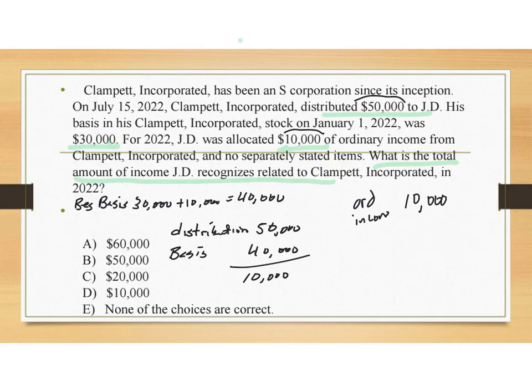So he had $10,000 of capital gain. So his total income is $10,000 of ordinary income and $10,000 of capital gains. So that is a total of $20,000.